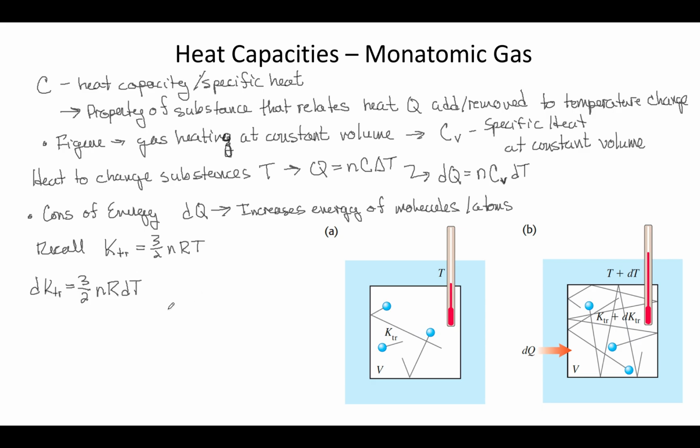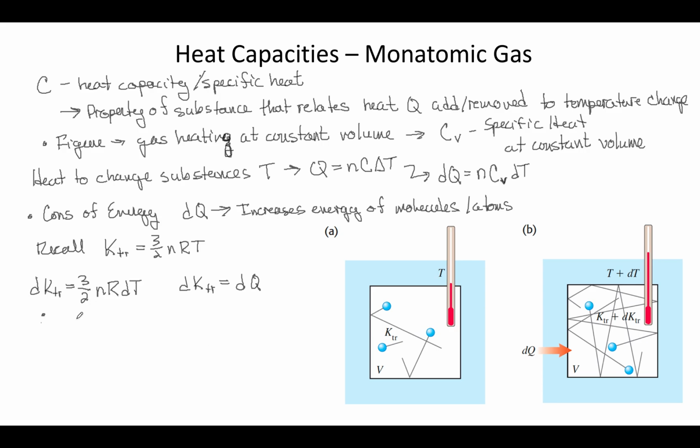Okay? And the idea is that the infinitesimal change in the translational kinetic energy, by conservation of energy, is equal to the infinitesimal heat added or subtracted, corresponding to a decrease in translational kinetic energy. Cool. So they are the same.